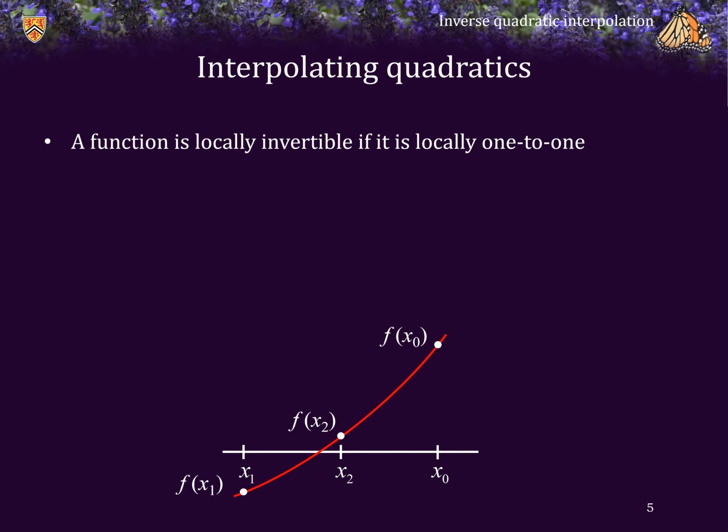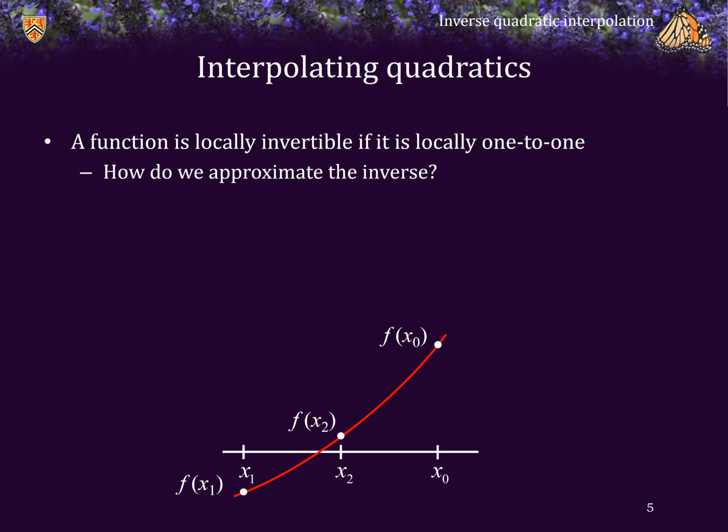Now, a function is locally invertible if it is locally 1-to-1 and onto. So here we see a function that is locally 1-to-1 and onto, and therefore, at least within the vicinity of this particular root, this function should be invertible.